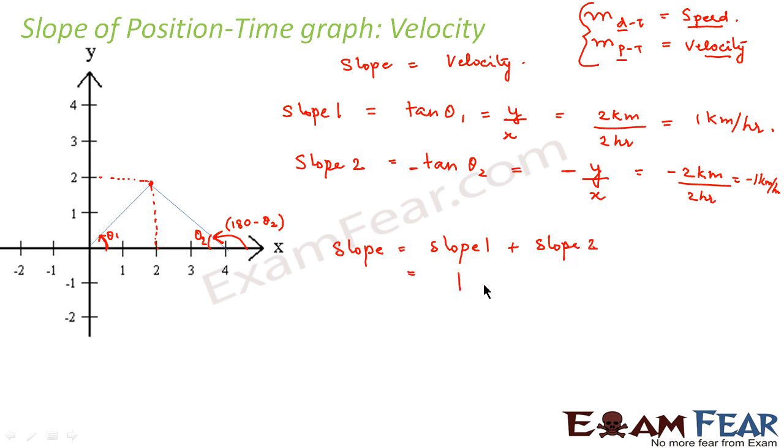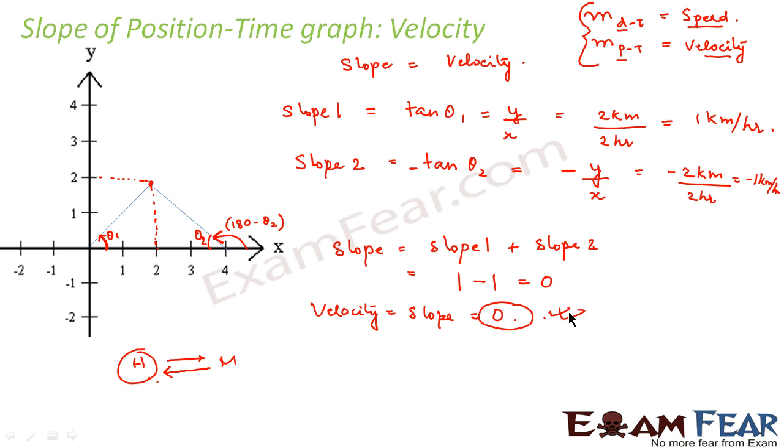That is 1 minus 1, which is equal to 0. So what do we find in the entire journey? The velocity, that is the slope, is equal to 0. So what does that signify? That means, as we already saw in the figure, when Ronnie traveled from home to McDonald's and then again came back home, the net velocity was 0. So we proved the same thing even graphically, that is, even from the position time graph.